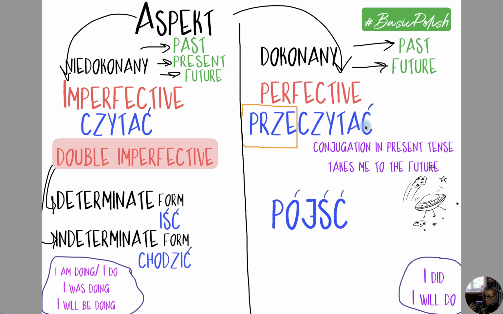And when it takes me to the past, it will allow me to say what I did. Now, notice the difference. Not what I was doing. So not focusing on the action itself, but whether this action is finished, right? I did it. I finished it, right?